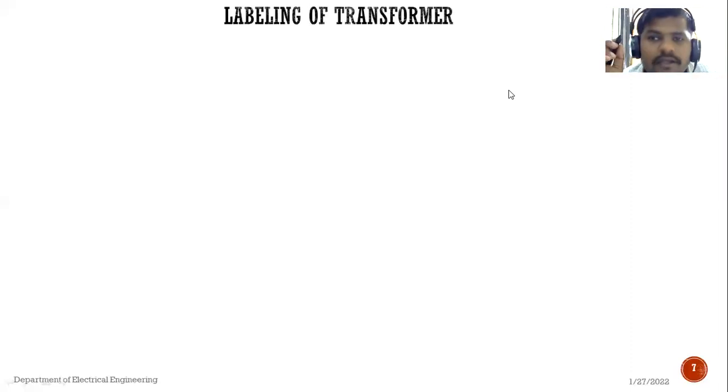See, the three-phase transformer has more terminals as compared to a single-phase transformer. In a single-phase transformer, there are two primary side terminals, or two input terminals, and two output terminals. In a three-phase transformer, there are three phases, each phase having two terminals on the primary side, and similarly two terminals on the secondary side.